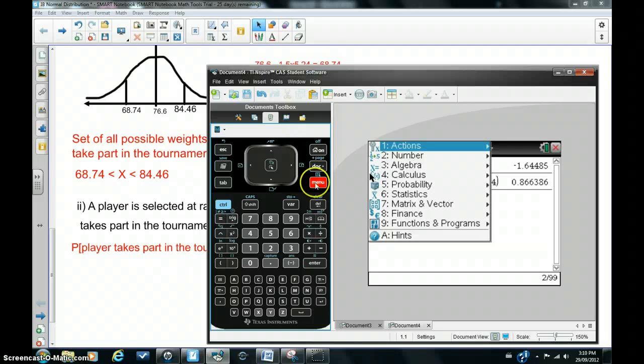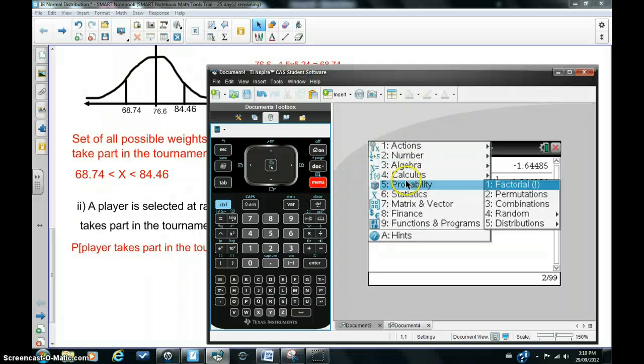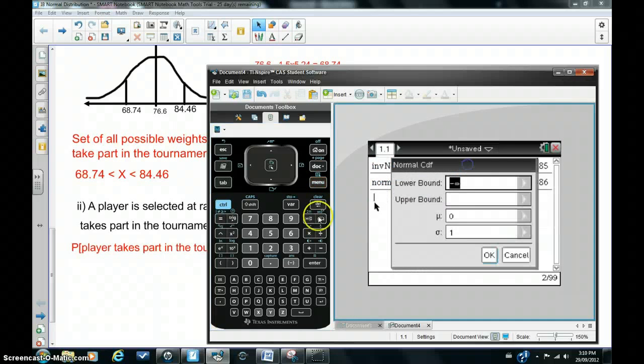Let's go menu, go down to probability, go to distributions, normal CDF again. Now the lower bound this time is minus 1.5 because it's 1.5 standard deviations below the mean for the standardized curve. And the upper bound is 1.5 standard deviations above the mean, so I'm going to put plus 1.5 in.